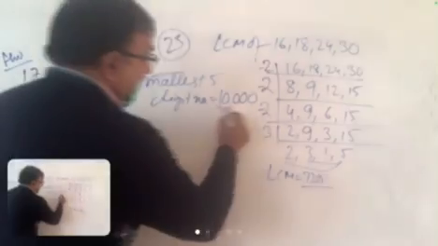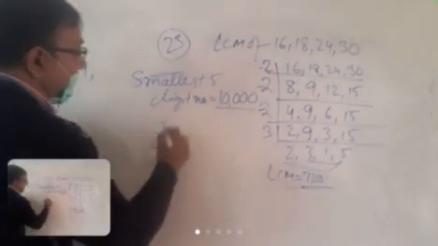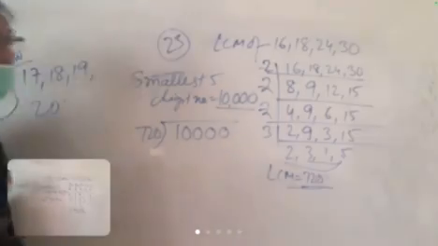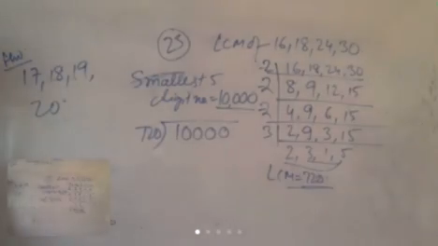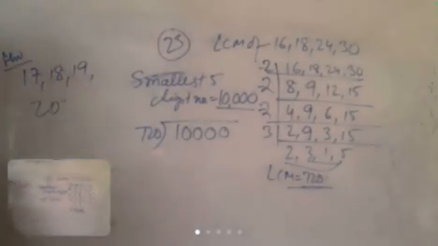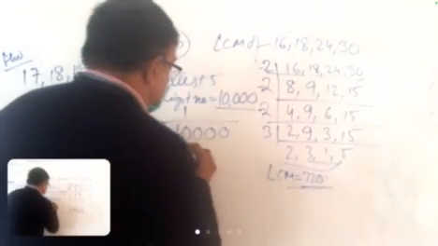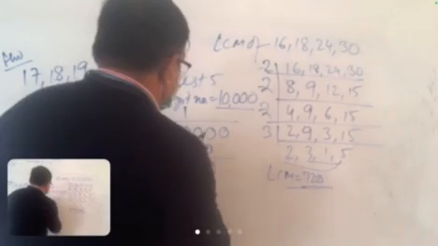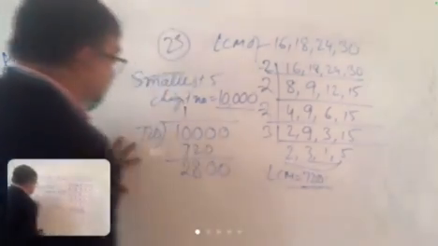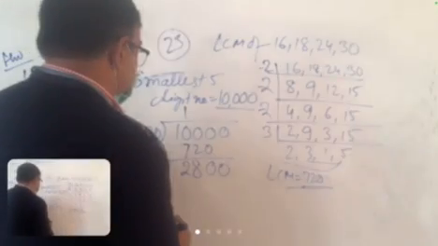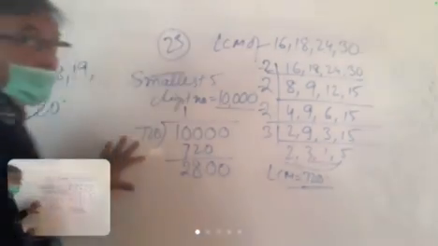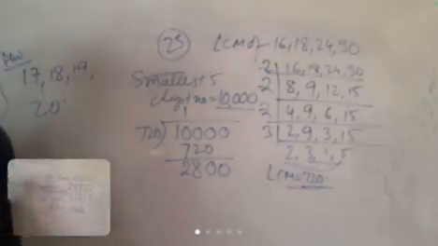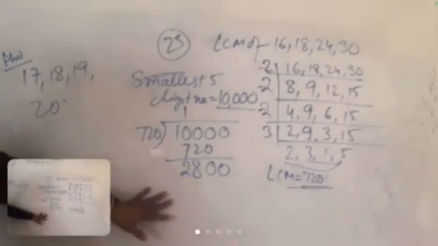Now we have to divide this 10,000 by 720. Do the division fast. Bolo? 14. And the number is divisible.